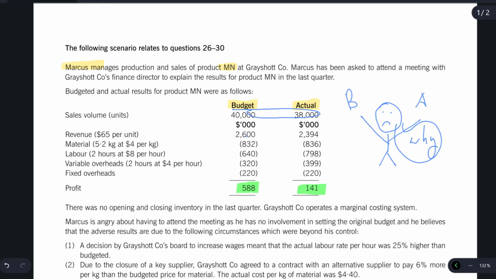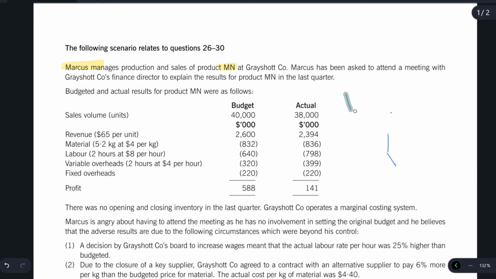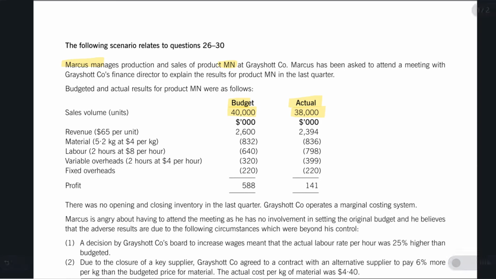And in this question, why I've chosen it, we see a very important omission. Guys, we cannot properly control the performance of the company when we are comparing the budget to the actual, because the units are different. Imagine we run a restaurant. On Monday night, we have the food costs of $100.